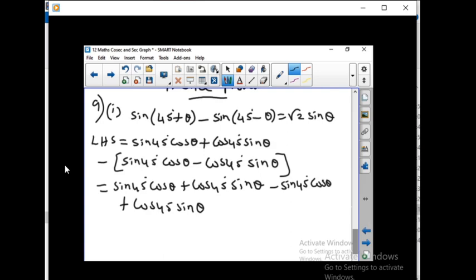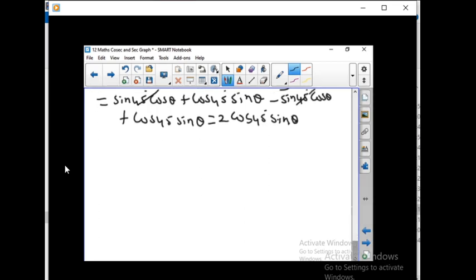Now the first term and the third term get cancelled. So we get 2 cos 45 degree sin theta. So it is equal to 2 into 1 by root 2 into sin theta.